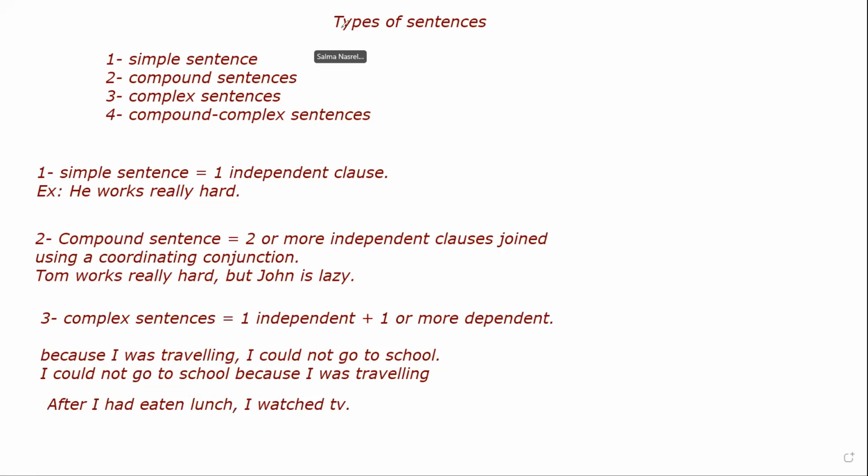All right. So let's agree on this before we move on to any further information. We said here we have a phrase, and here we said we have subject plus verb.